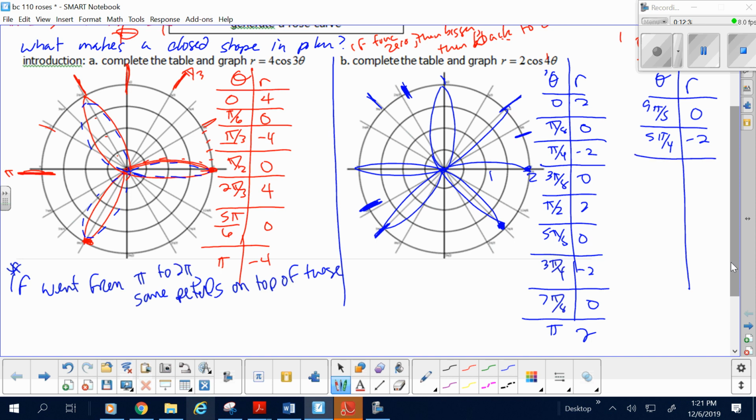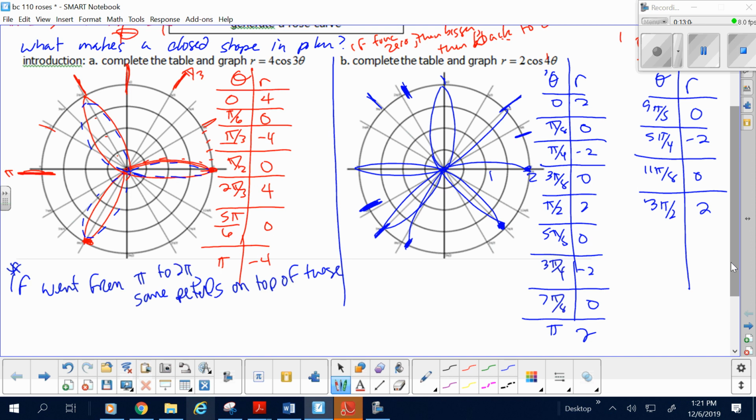At 11 pi over 8, what's the next number in the pattern? 0. 11 pi over 8 is this ugly guy there. 12 pi over 8, or 3 pi over 2, times 4. The next number is 2, so we're going to go. Did I do something wrong here?